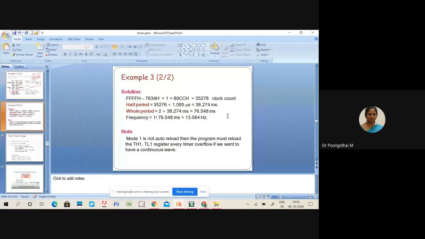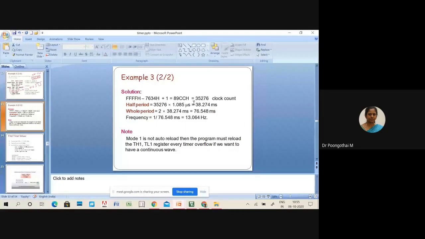Subtract first in hexadecimal mode. FFFF minus 7634 gives 89CB. Add 1, 89CC. Convert that value into decimal, 35276.